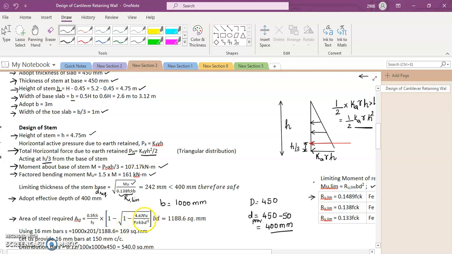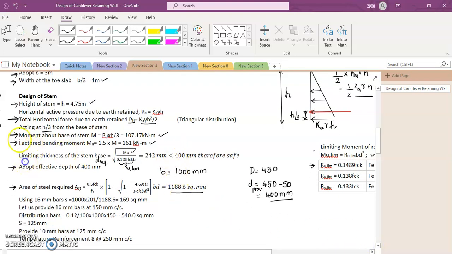Here Mu we have calculated in kilonewton meter, but all the other quantities are in Newton per mm square. So to convert Mu into Newton mm, you have to multiply it by 10 to the power 6. And the area of steel that is calculated is somewhere around 1188.6 square mm.